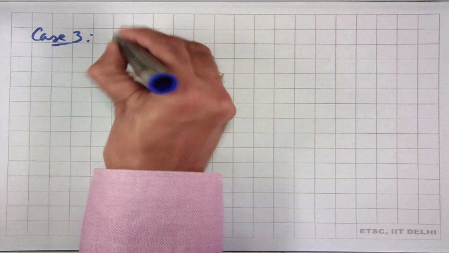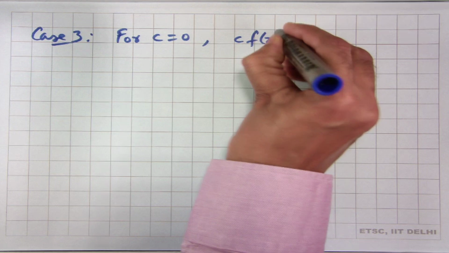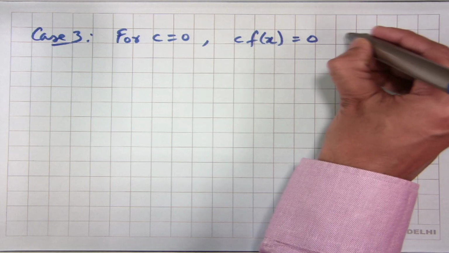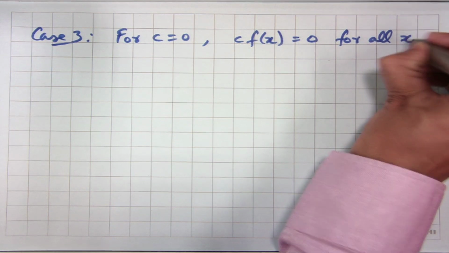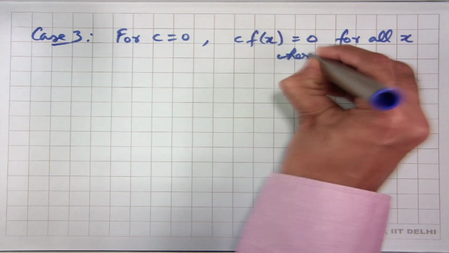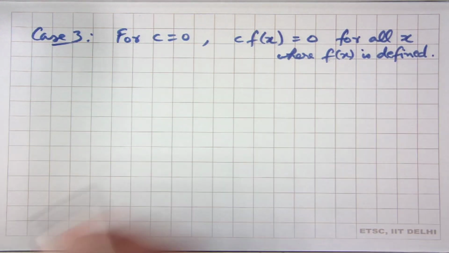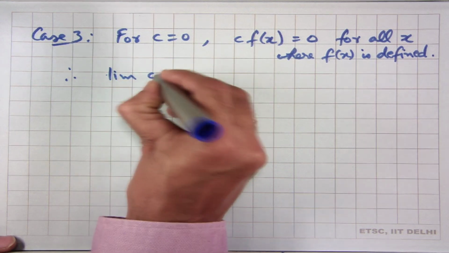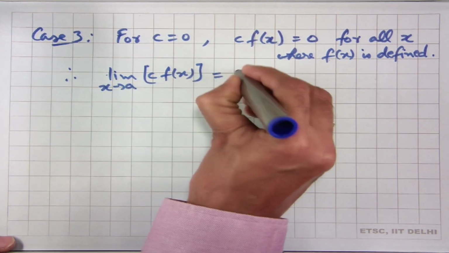And the last case, of course, for c equal to 0, c times f x is equal to 0 for all x where f x is defined, and so the limit of c times f of x has to be 0.